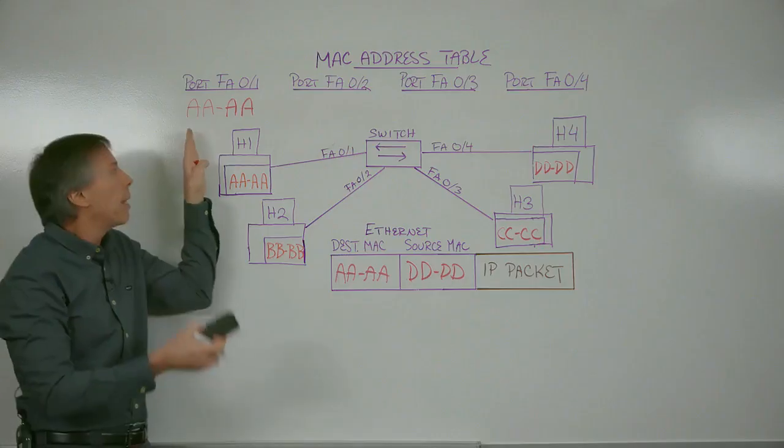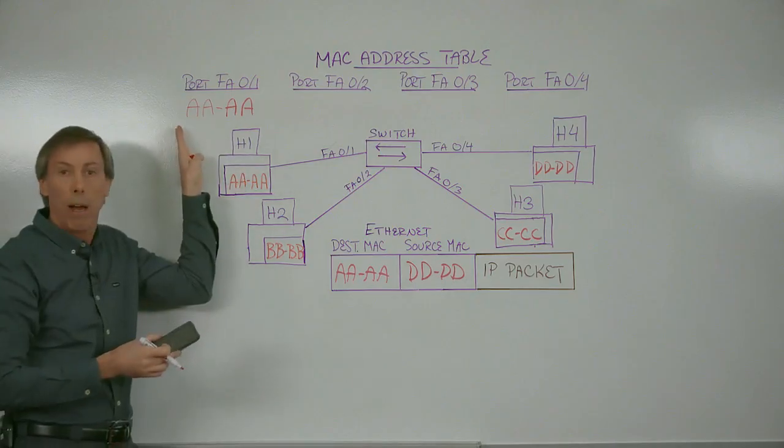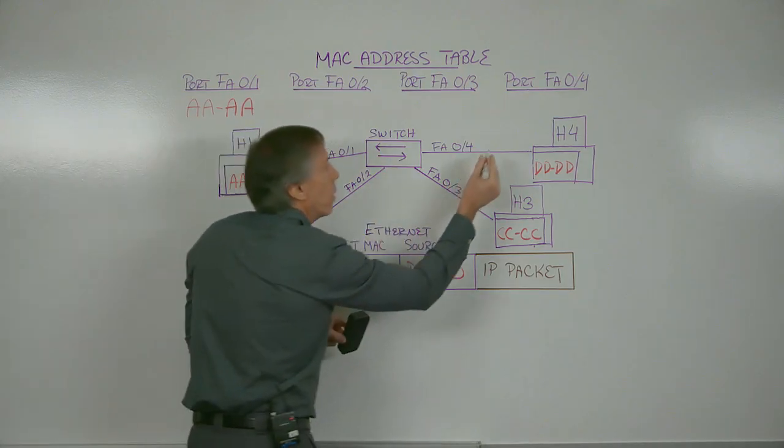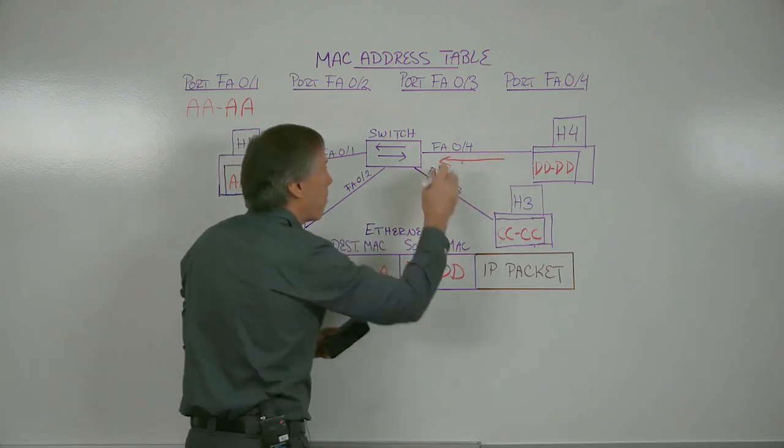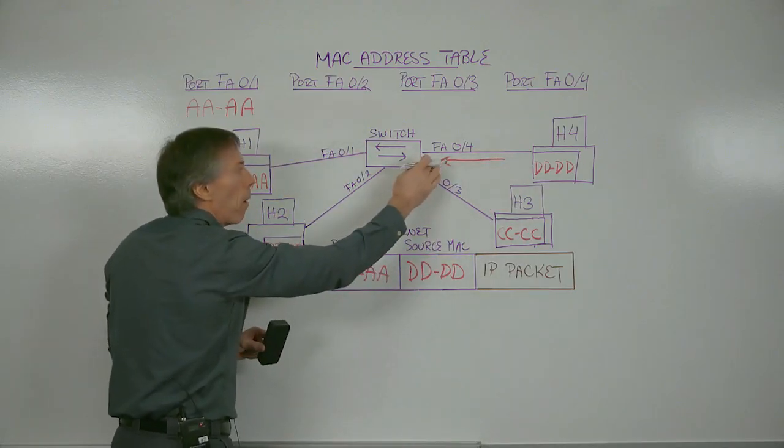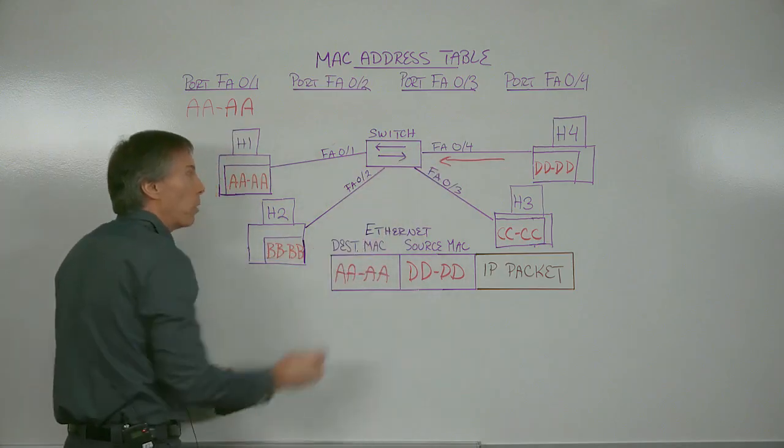Now, so far, this is the MAC address table of our switch. So H4 sends the Ethernet frame. It's received on port Fast Ethernet 04 by the switch.